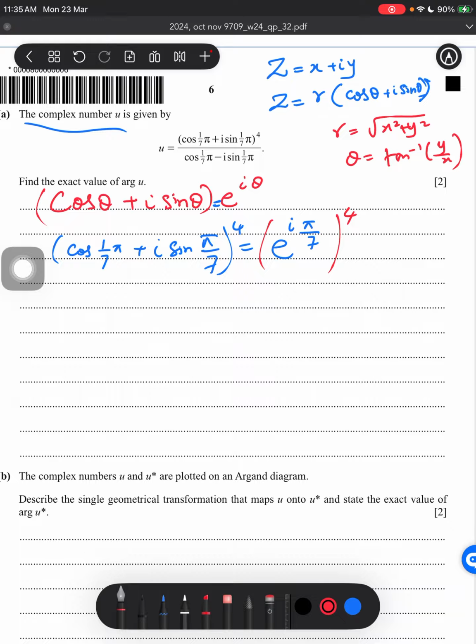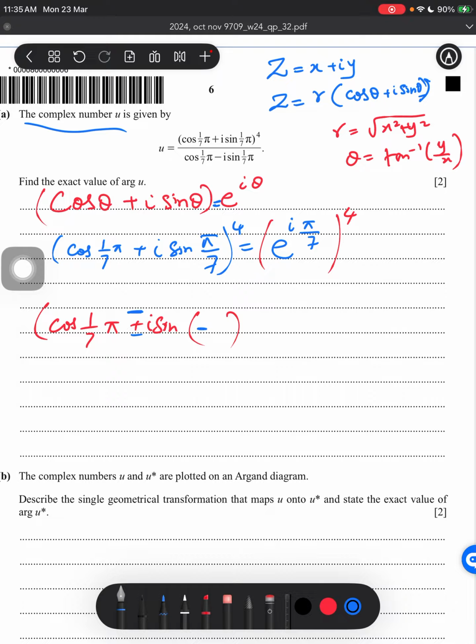And the same goes for the other part, the denominator. The problem over here is that in the denominator you have a negative sign, whereas here we have a positive. So how do we get this negative instead of positive?